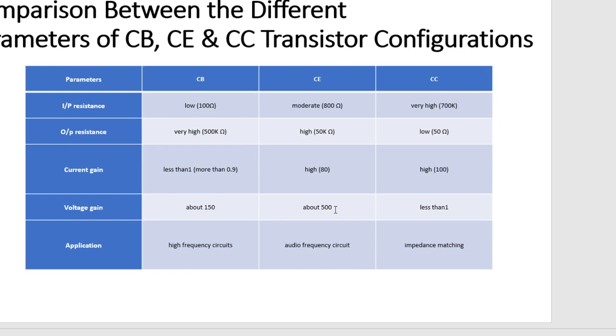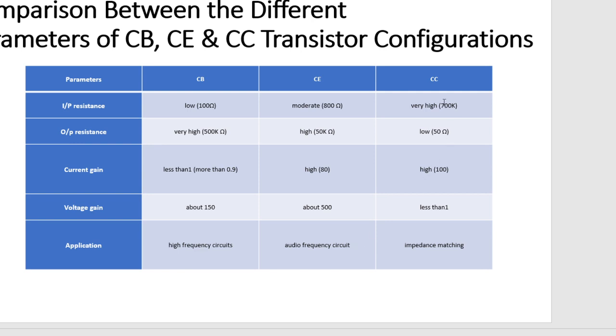I hope you understood the concept. Whatever input voltage is applied at the input terminal gets multiplied by a factor of 500, so such a large voltage is available at the output of such an amplifier. So this configuration is widely used for amplification purposes, and CE configuration is used in low frequency or audio frequency circuits.